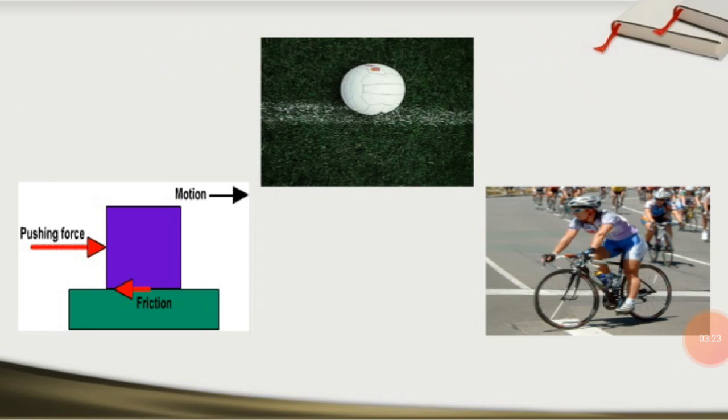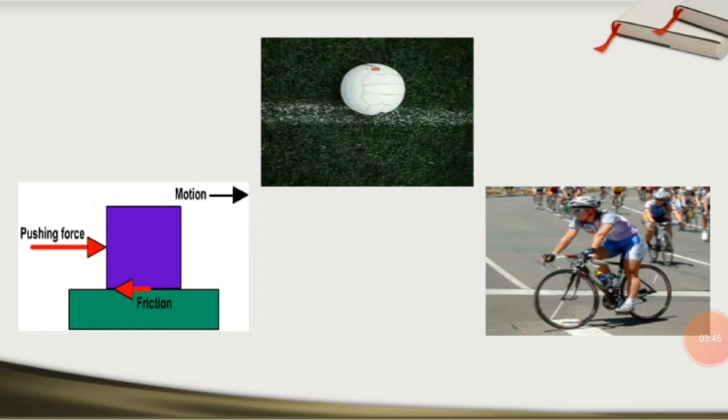Here there is a diagram given to you that shows the direction of the force of friction. Look at the diagram here. That diagram shows you the direction in which the object is moving, and the direction of the friction in which the frictional force is acting on that moving object.